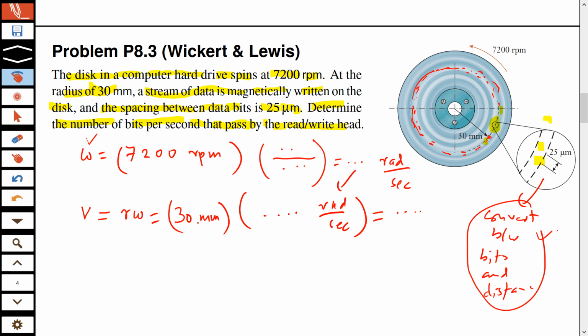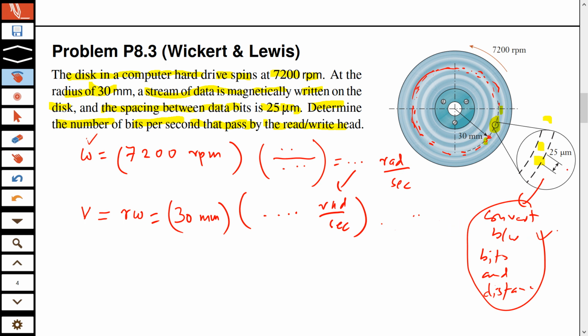Because this is millimeter, I will have to multiply this again by some factors so that my overall answer is in meters per second. And maybe if I'm clever, I can do something else.